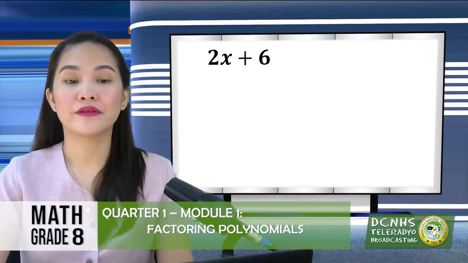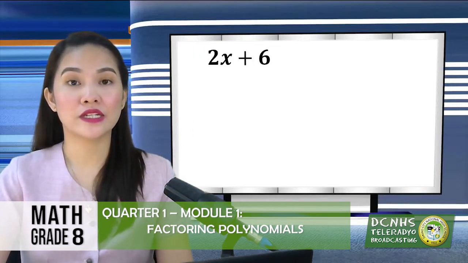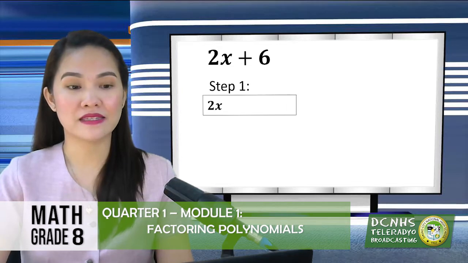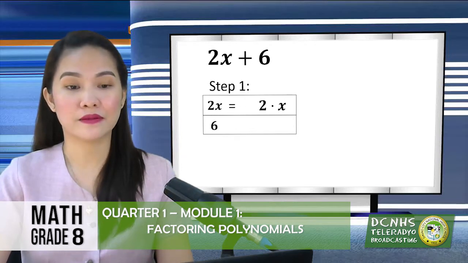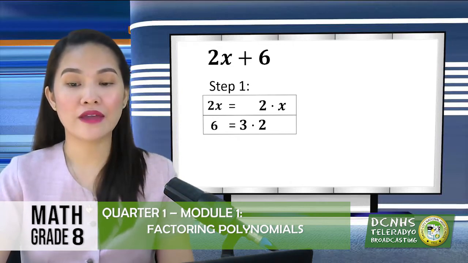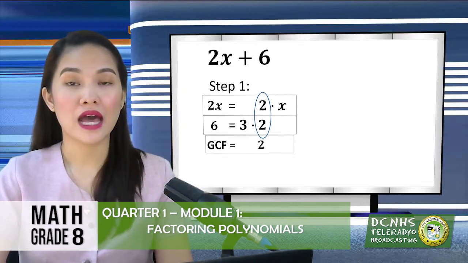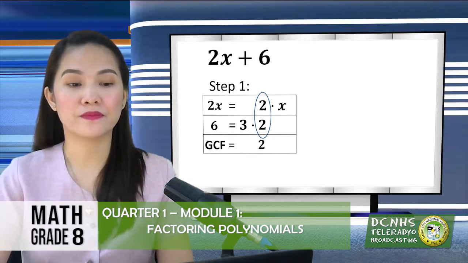For example, factor the expression 2x plus 6. First, get the GCF of 2x and 6. The prime factors of 2x are 2 times x, and the prime factors of 6 are 3 times 2. Align the common factors.